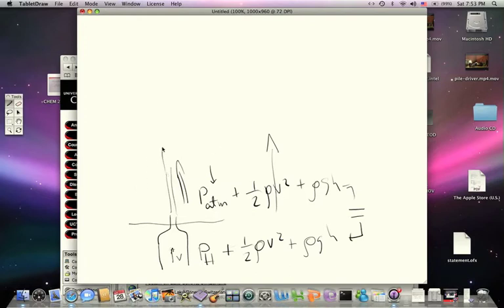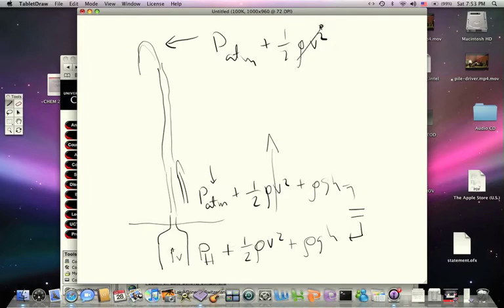Now, the other thing is that this thing sprays up a huge amount into the air and then suddenly turns around. At the top, this is just like projectile motion, and the pressure doesn't change. But now the kinetic energy is zero, because it's like throwing a ball up in the air.